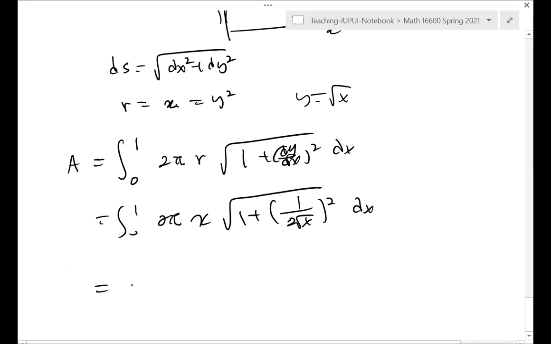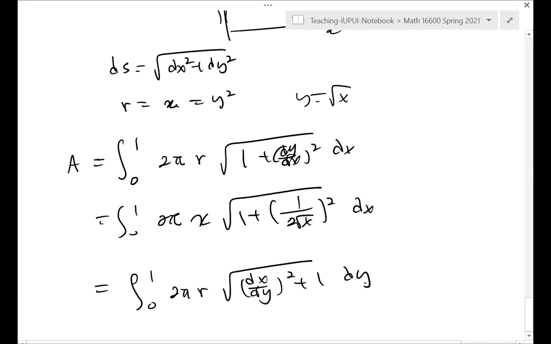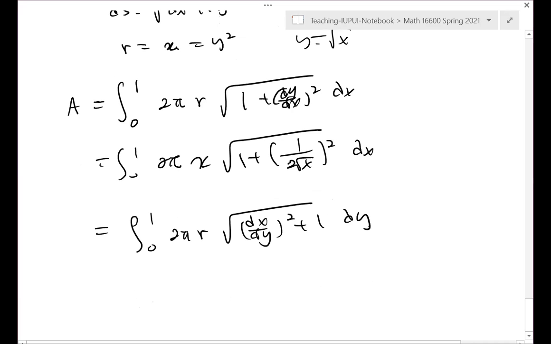Now I can also evaluate with respect to the y variable. The y variable also runs from 0 to 1. Usually the interval can also change, but here it's the same interval. So I use the y variable, so I have to use r equal to y squared.